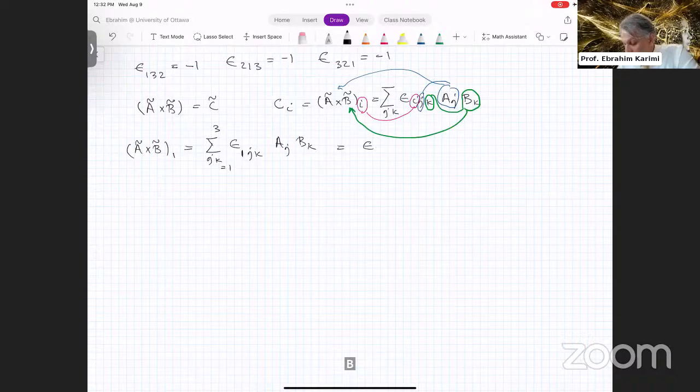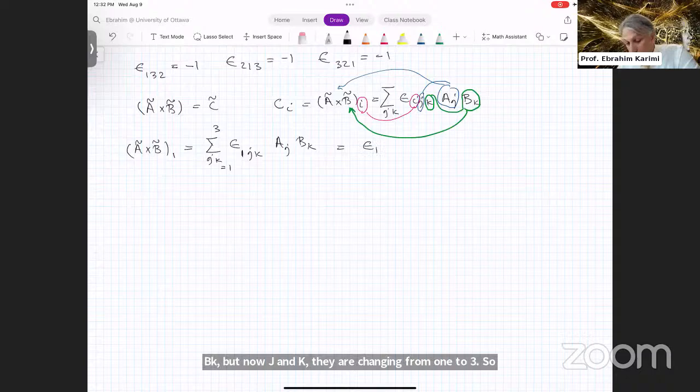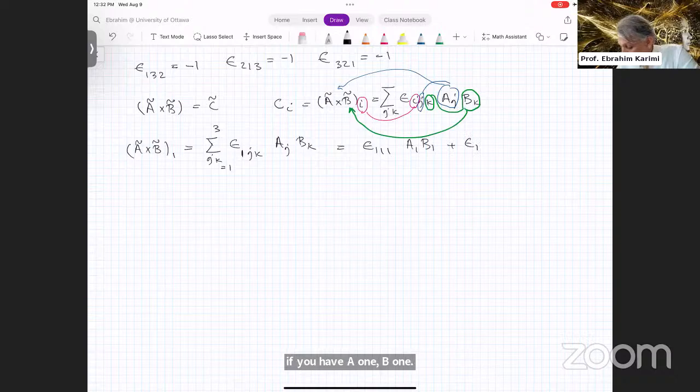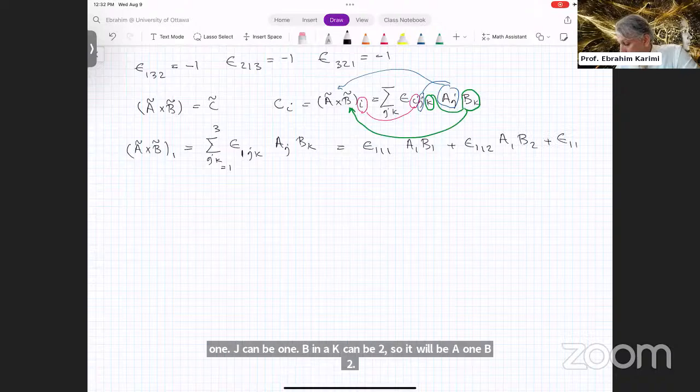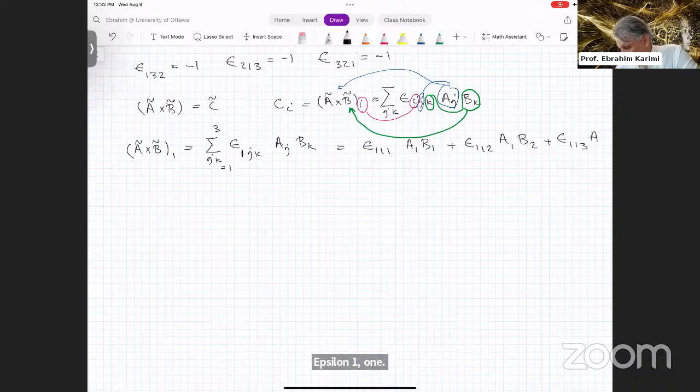You have epsilon 1 1 1 A1 B1, plus epsilon 1 1 2 A1 B2, plus epsilon 1 1 3 A1 B3.